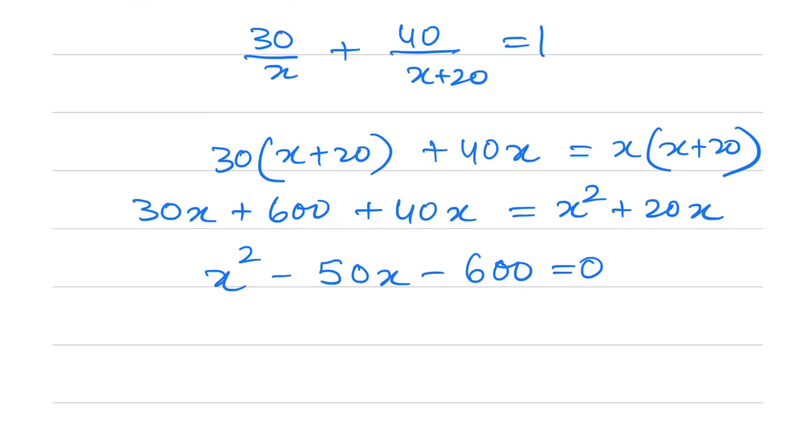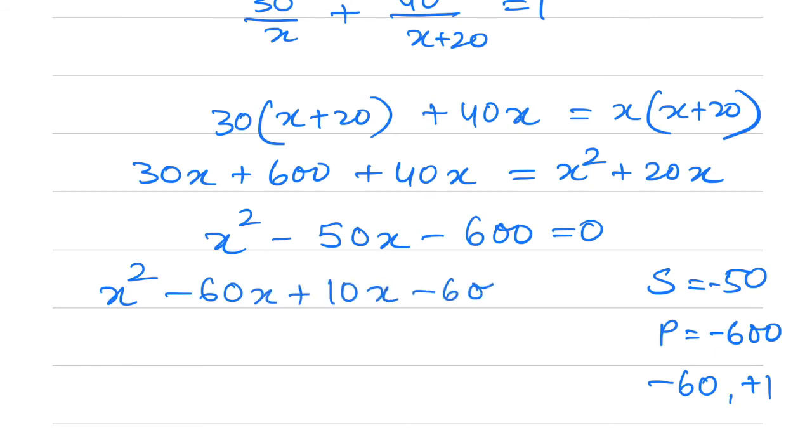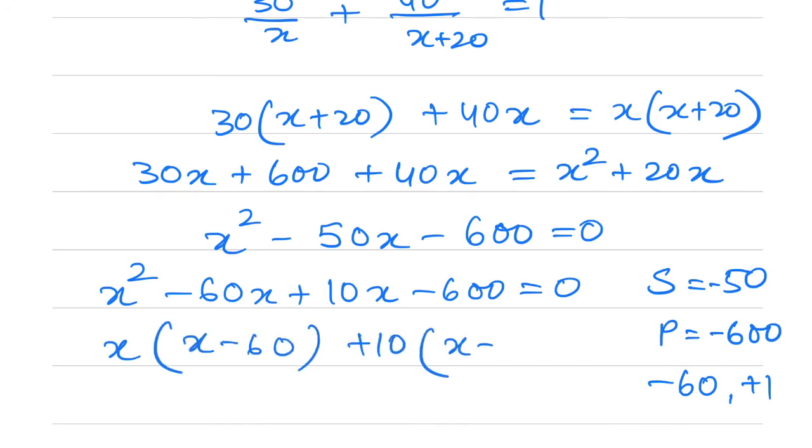So now we have to split the middle term such that sum is equal to minus 50 and product is equal to minus 600. So we can have minus 60 and plus 10 as the numbers. Let's split now. So x square minus 60x plus 10x minus 600 is equal to 0. x is common, x minus 60, plus 10 is common, x minus 60 is equal to 0.